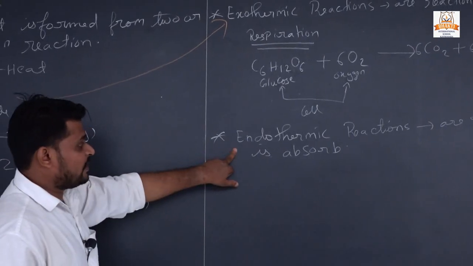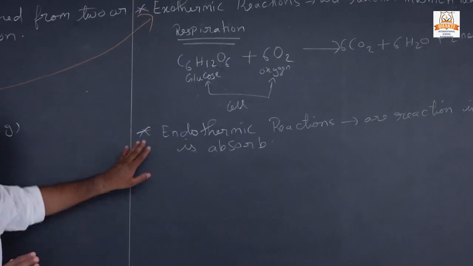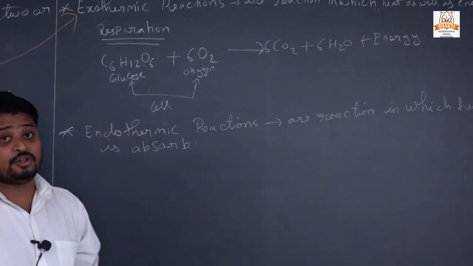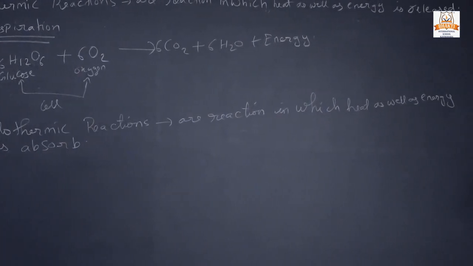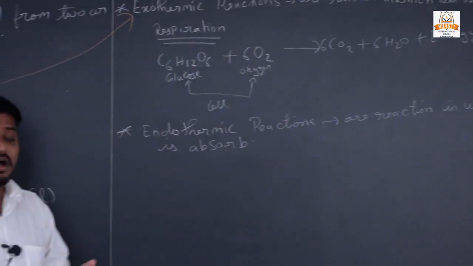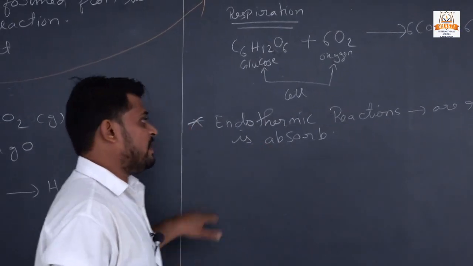Now another example, endothermic reaction. It is also a reaction. In that reaction, we are not releasing heat or energy. In that reaction, we are absorbing heat and energy. Okay, see some examples.